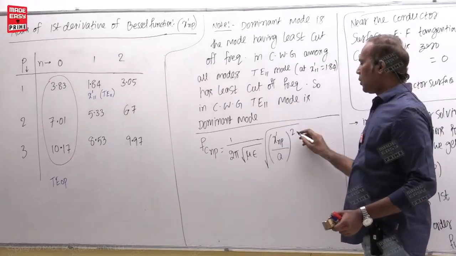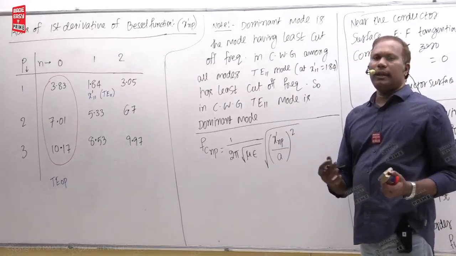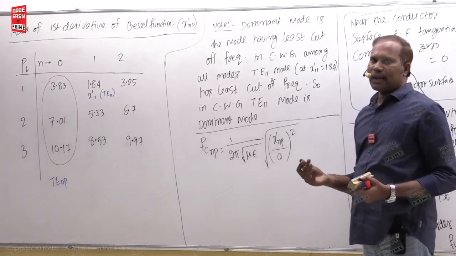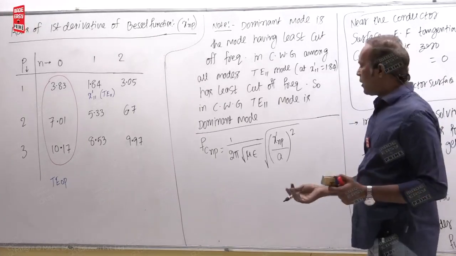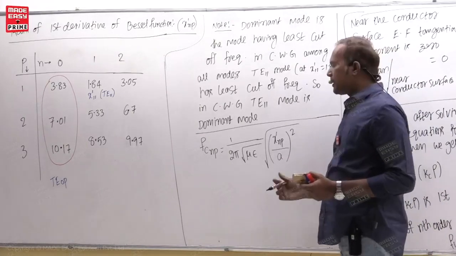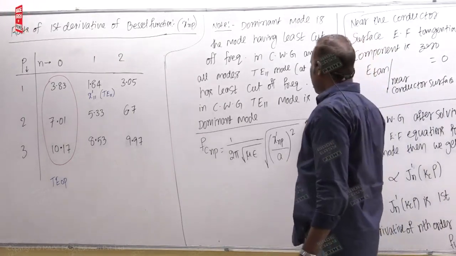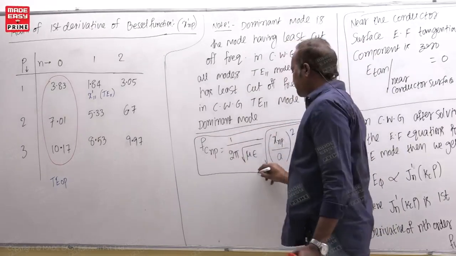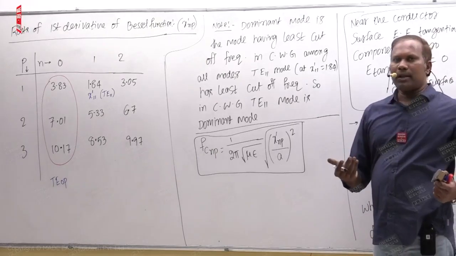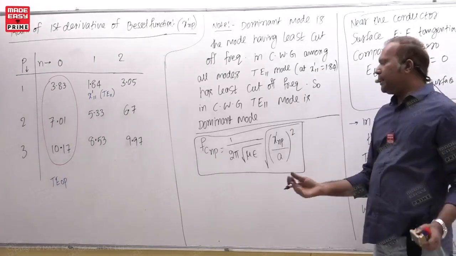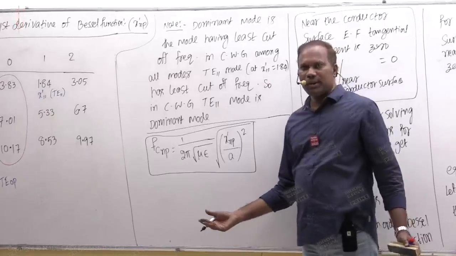But why am I writing the root of the whole square? It is similar to the rectangular waveguide, with two components, x and y together, x square plus y square is equal to rho square. Now it is merged into one component, the radius component, already you know. So once you remember this formula, then the other formulas are the same. In the examination, you get the questions based on these formulas only, all questions.